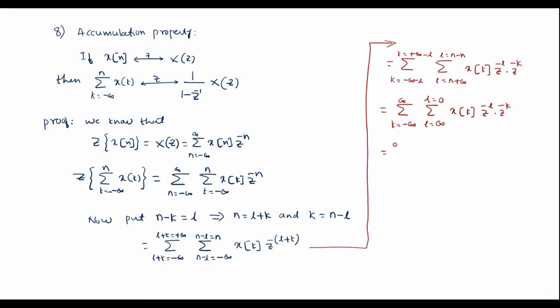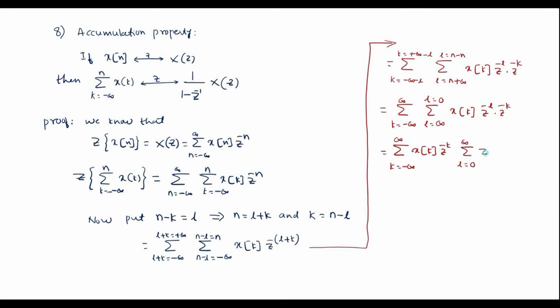Further, I can simplify this as summation k equal to minus infinity to infinity x of k z power minus k summation. This can be represented as L equal to 0 to infinity, same as this limit.